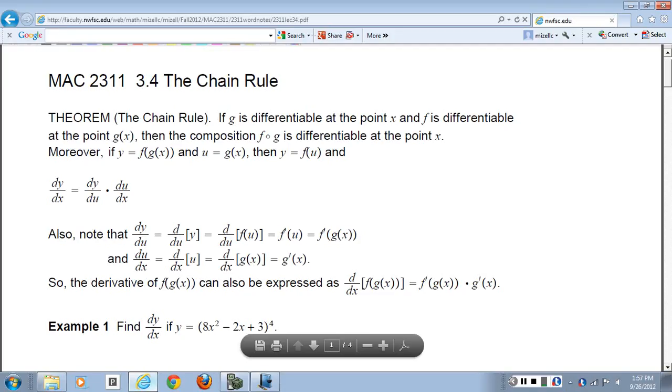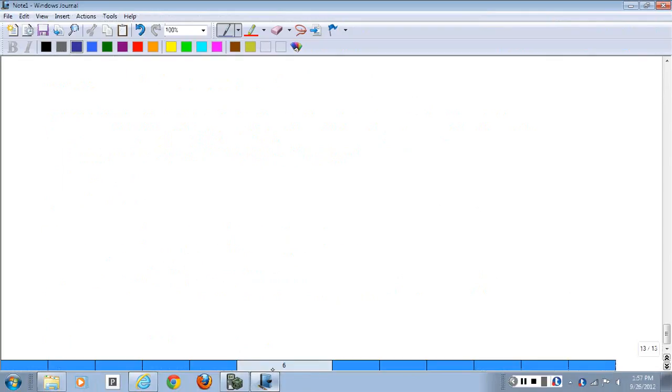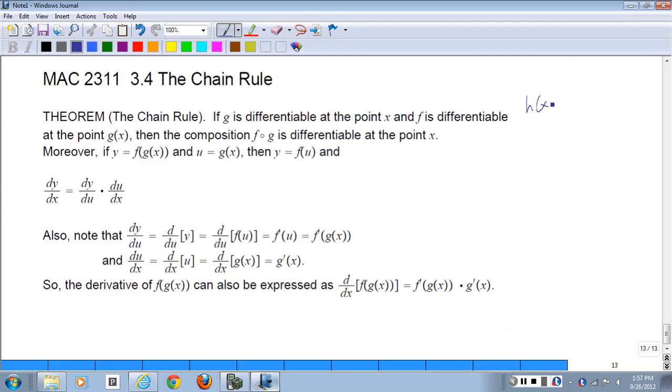Basically, there are two functions, f and g, and the function that we have can be written, let's see, h of x equals f of g of x. If we know how to find the derivative of f and we know how to find the derivative of g, we can express the derivative of h in terms of the functions f and g and their derivatives.